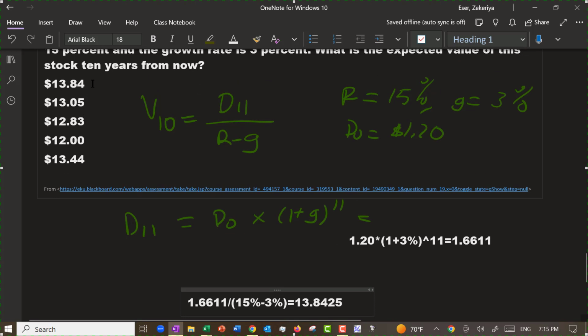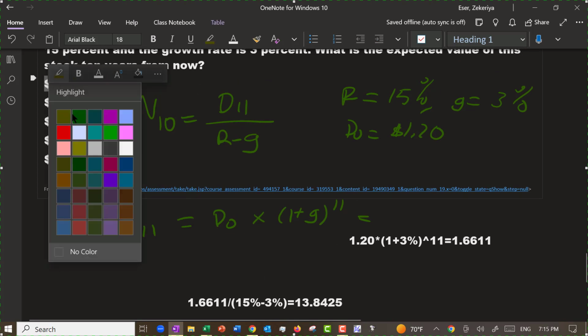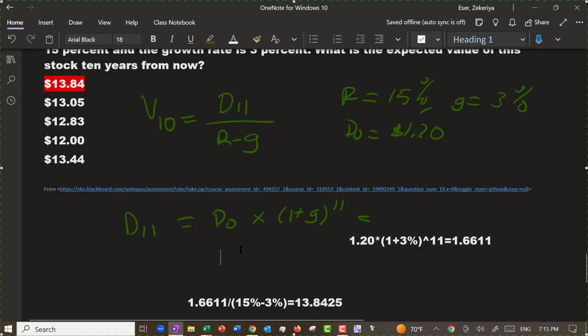Again, the old principle, reduce it to things we know how to do. When it comes to stock in this class, we know how to calculate value of a company that pays a constant dividend, that pays dividend that grows at a constant rate. Next dividend divided by R minus G. So if I know D11, I can calculate value of the company 10 years from now.